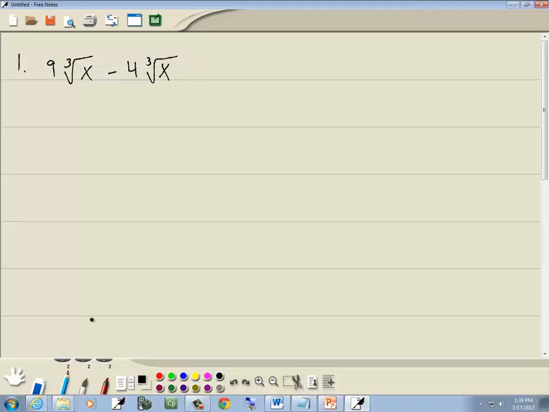Some talk about combining together like terms, like radicals. Really, it should be a like property. If you got two things that are alike in some manner, see how these both have a cube root, then you can add or subtract the numbers that are out in front. Since these radicals are the same, 9 minus 4 gives us 5 cube root of x.